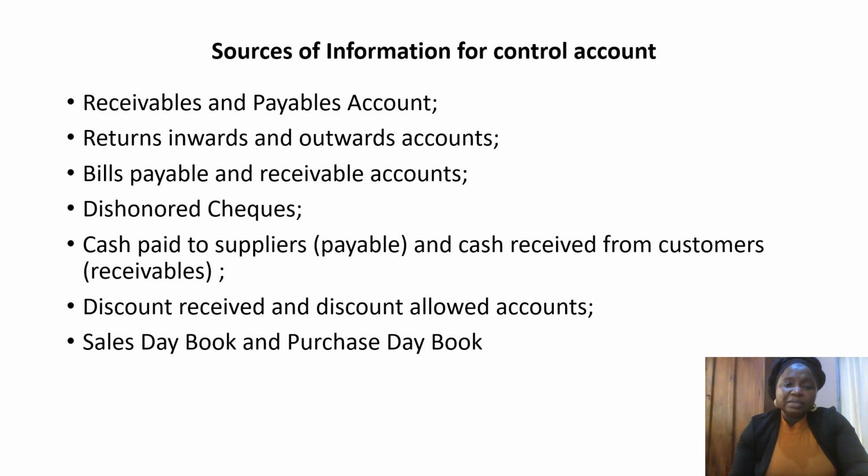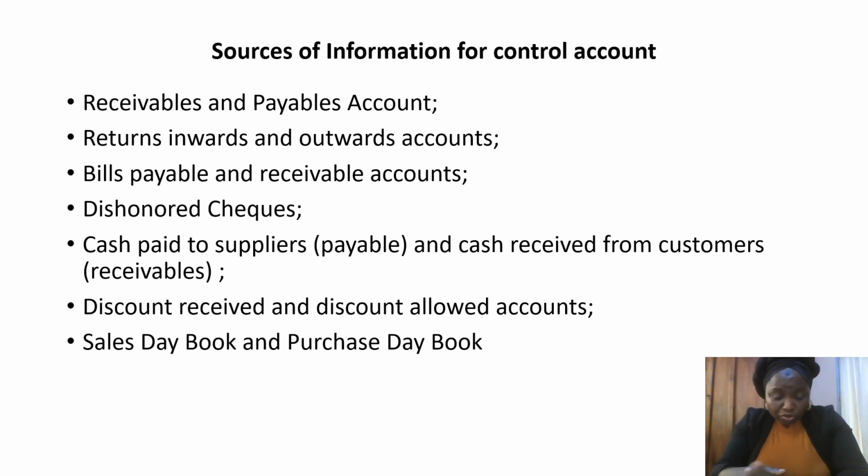preparing financial accounts. So information that goes into control account could come from receivables and payables account. When we talk about receivable, I said it means sales, and when we talk about payable, it means purchases. Then it can come from return inwards or outwards account. What do we mean by return inward?